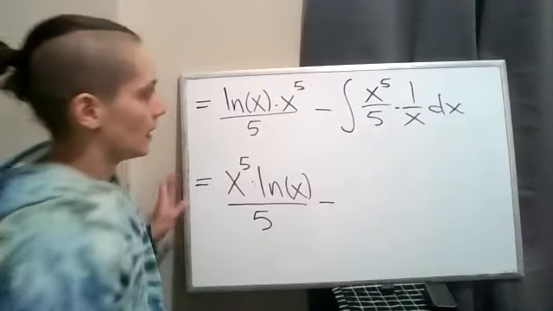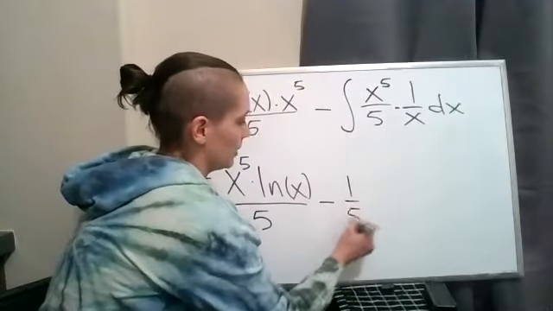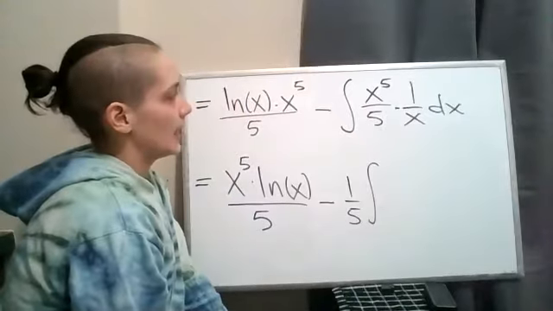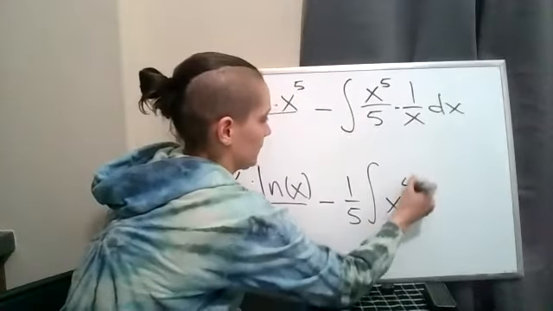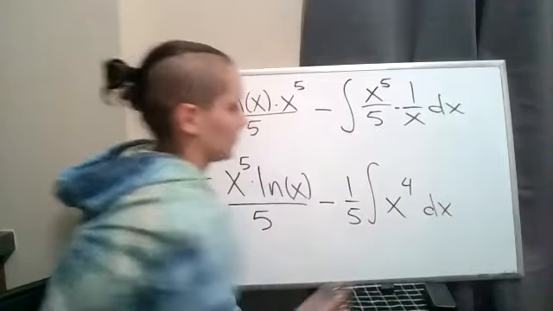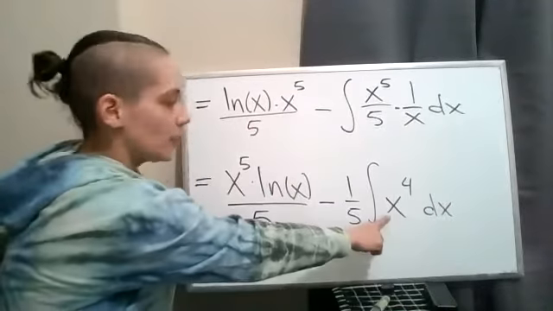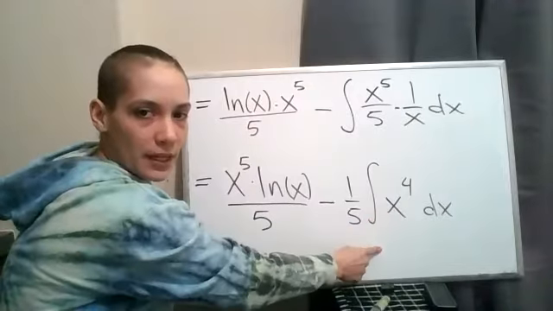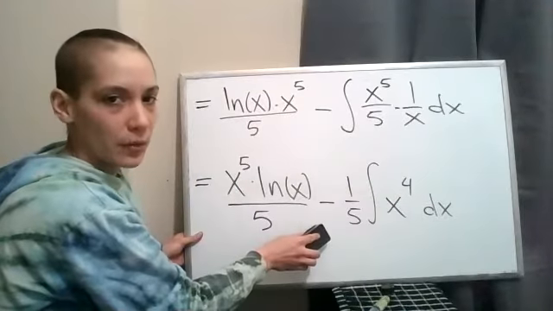Okay. This is the integral of 1 over 5 outside, and x to the 4th dx. So we'll add 1 to the power and then divide by that number. So x to the 5th over 5 multiplied by 1/5.